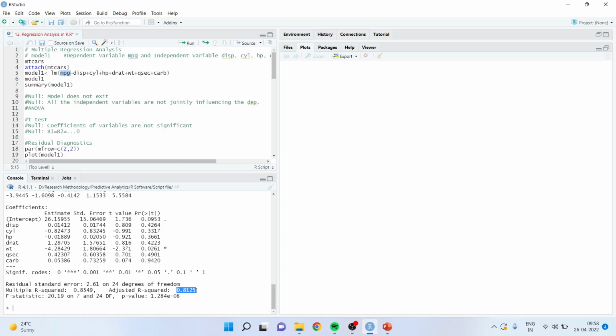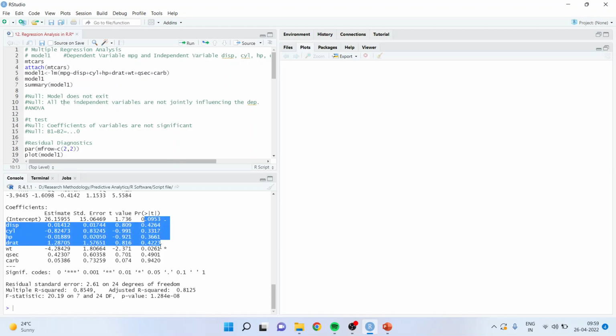So there should not be a significant difference between R-square and adjusted R-square. More or less they should be near each other. So in any regression model, we will be evaluating the p-value of the ANOVA, which is this hypothesis, then the p-value of the individual variables, which is the t-test, and the R-square.